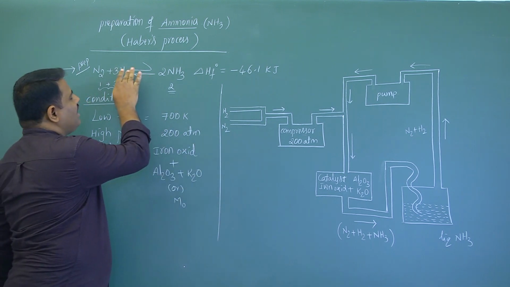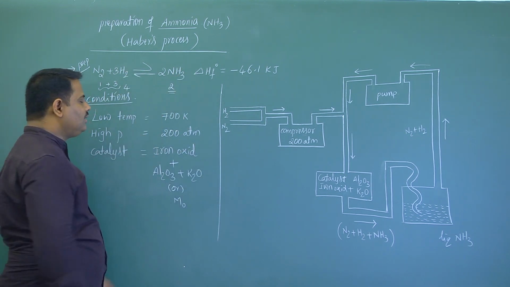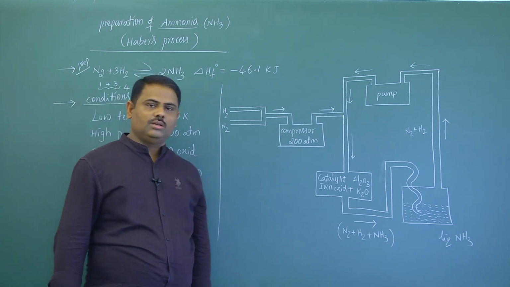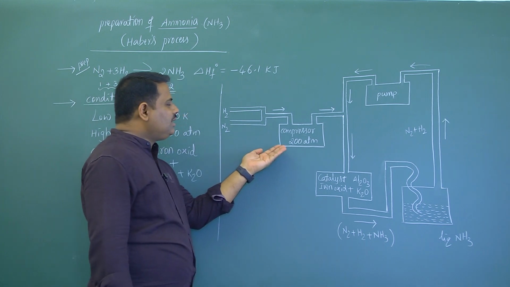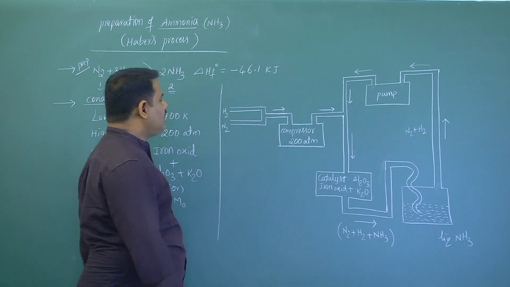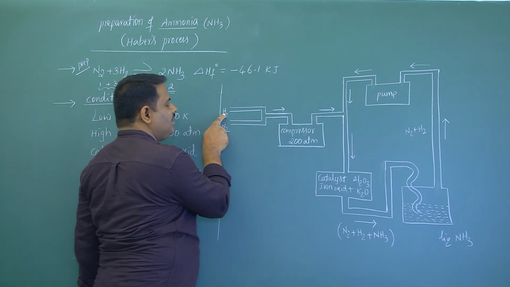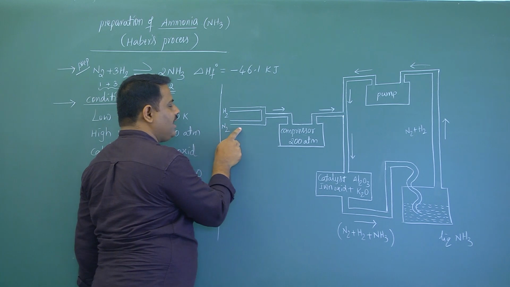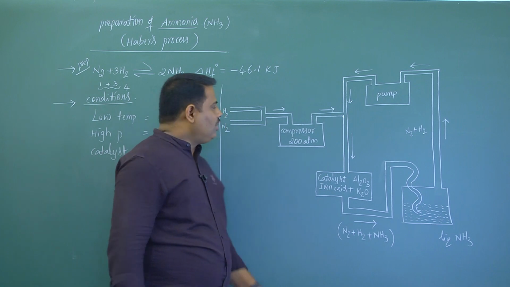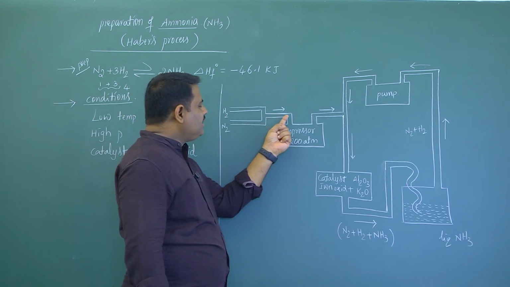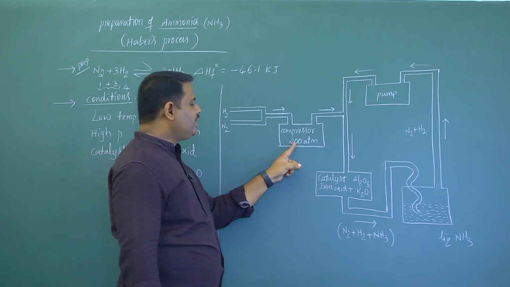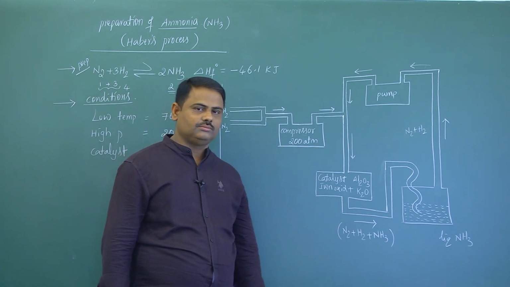Okay, this is the reaction for preparation of ammonia, and these are the conditions required. In the flow chart, we can explain each and every step for the preparation of ammonia. Now initially you are passing hydrogen and nitrogen gas through these tubes. Here both nitrogen and hydrogen enter a compressor where pressure is 200 atmospheres.